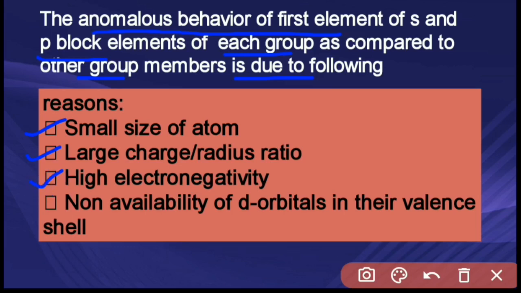Due to smaller size it requires more energy to add an extra electron, and there is non-availability of d orbitals in their valence shell. So these factors cause the different properties of the first member of a group.